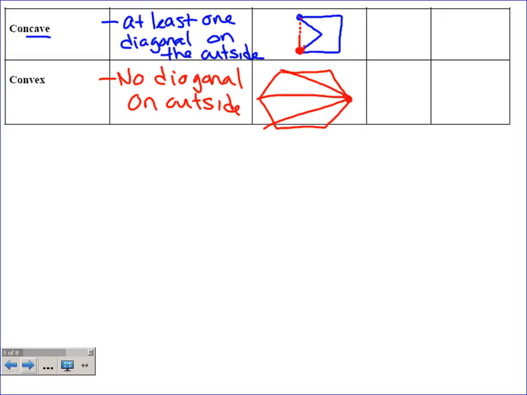So you have convex or concave. Think of a satellite dish, the inside of it. That's concave. Now think of a big bubble, like you're blowing bubble gum. A bubble, if it was a polygon, it's not really a polygon, but it's convex because it's kind of coming out.